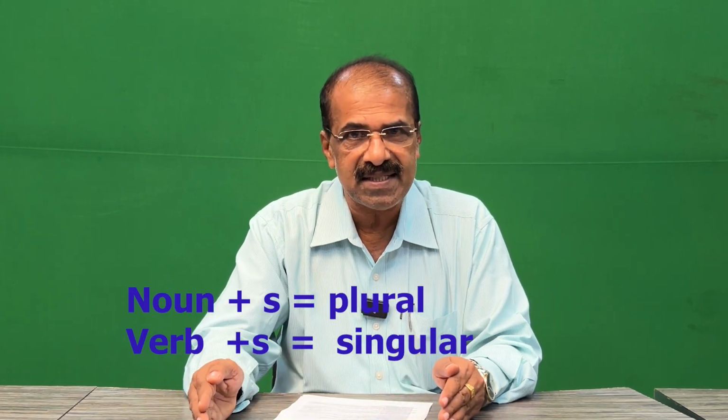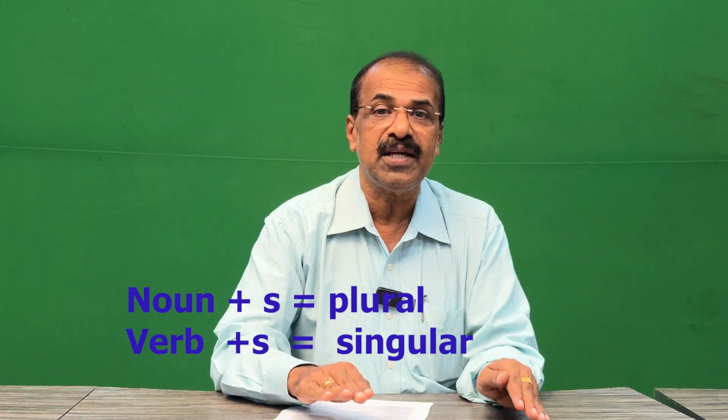See, to make a noun plural, we make use of s with that, correct? So you say one boy, two boys, one student, two students. Along with these words, you make use of s to make them plural. But I told you a moment ago, you need to make use of s with a verb to make it singular.